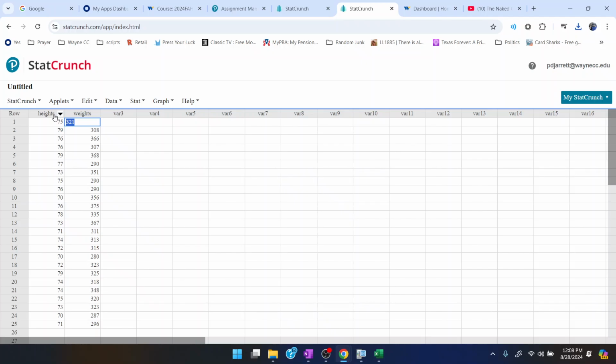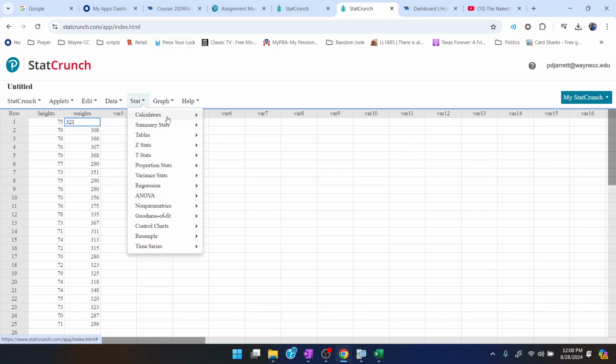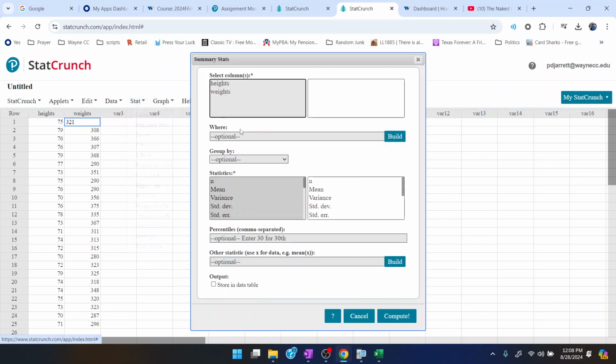So yeah, you can open the Excel file and just copy and paste this. Now, you want to see something really awesome? Well, I at least think it's awesome. We're going to go to Stat, Summary Stats, Columns. I have two different columns.